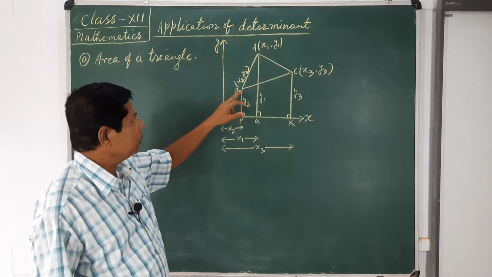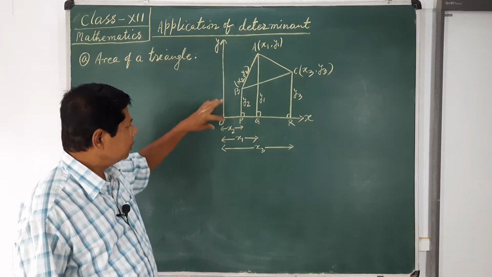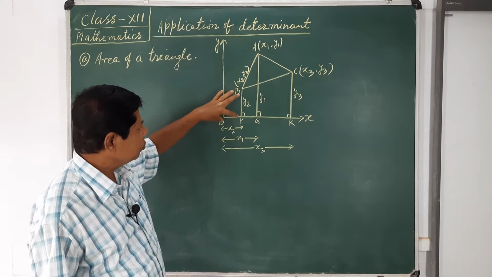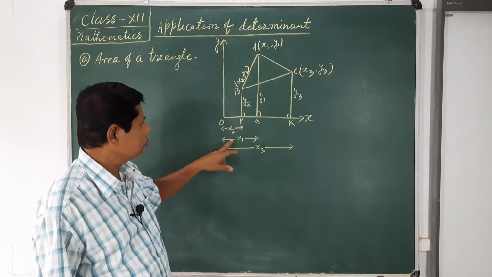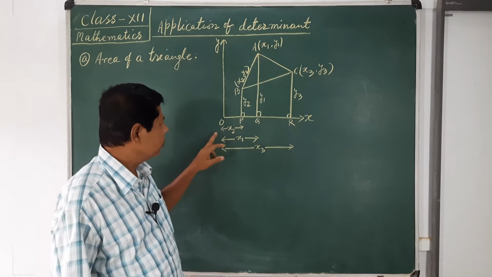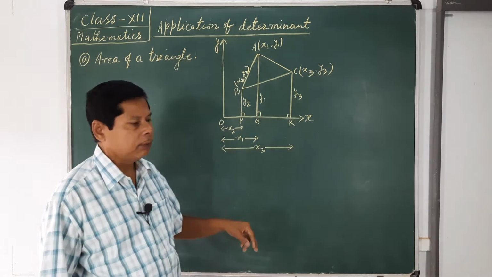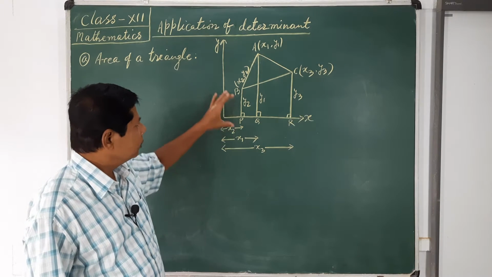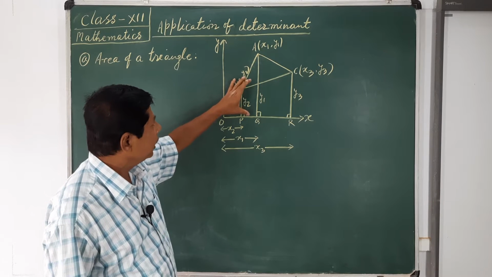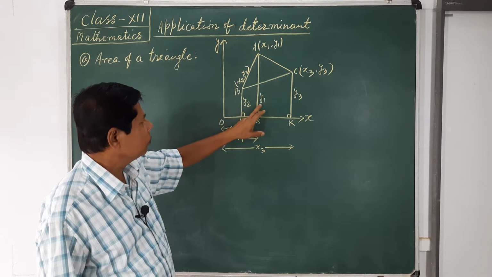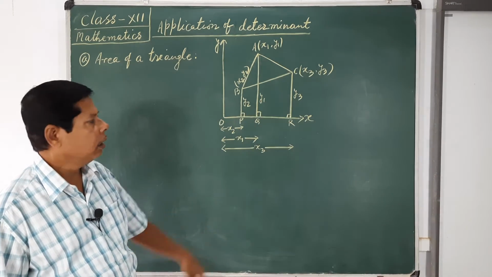If we draw the perpendiculars from A, B and C on the x-axis, then this length will be equal to x2, this is x1, and this length O to R is x3, because of the coordinate x3, y3 of point C. This distance BP is equal to y2, AQ is equal to y1 and CR is equal to y3. It is indicated in the figure.